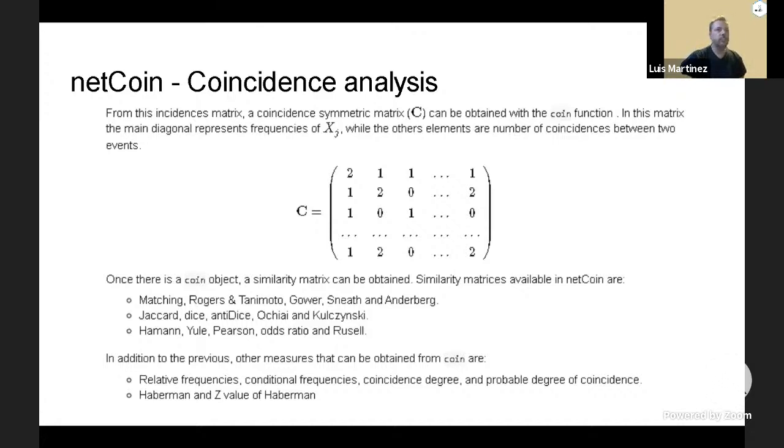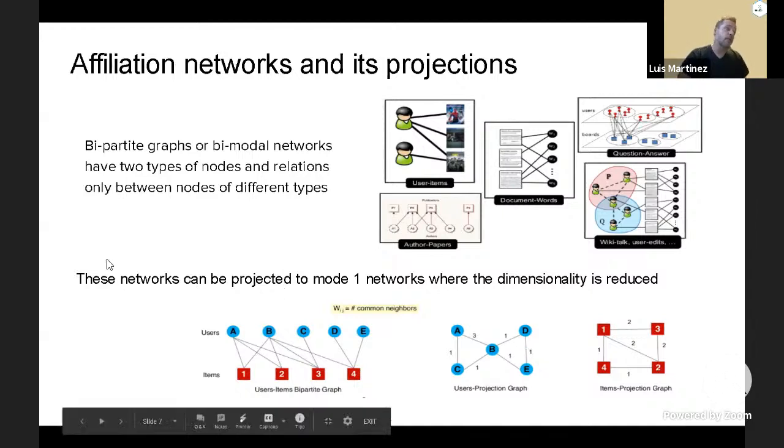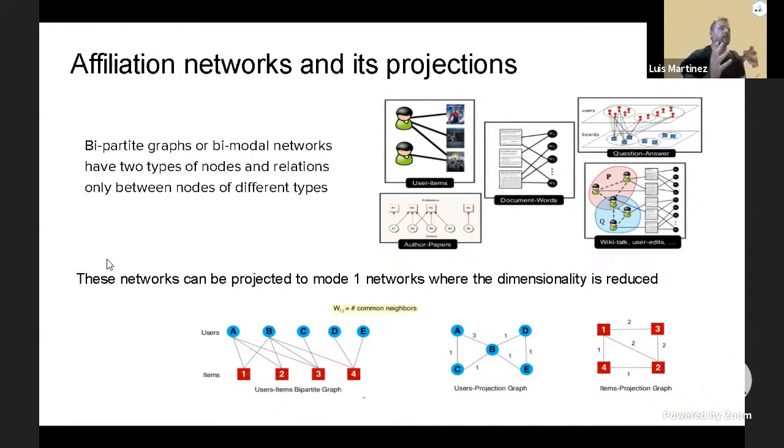Okay, if we translate this into a non-mathematical world, we can see that what we're doing is that we have bimodal networks, and those are networks that have two types of nodes, and relationships are just between the different types of nodes. So for instance, in here, you can have users watching movies like these, or documents that contain words, authors and papers.